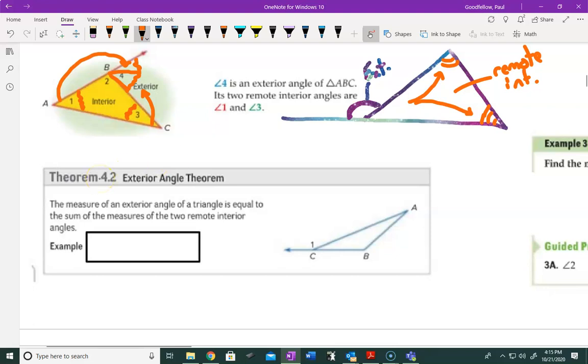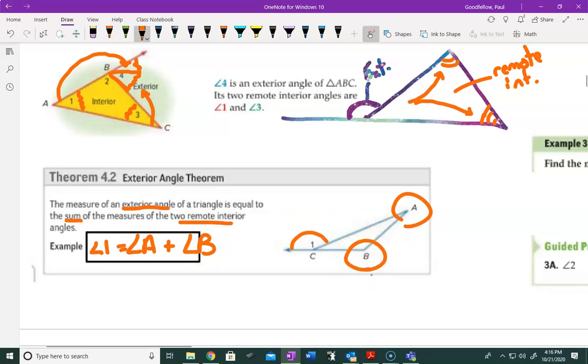So the rule here is that the exterior angle is equal to the sum of the 2 remote interiors. In this particular case, angle 1, the one on the outside, would be equal to angle A, the one away from it, added to angle B, the other one that's away from it.